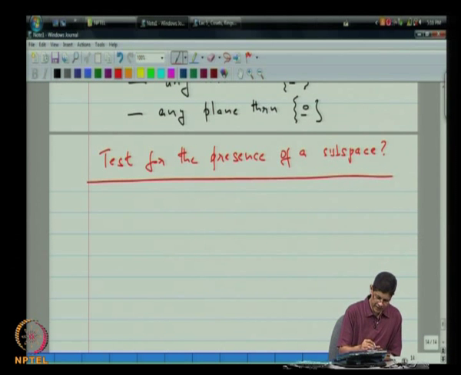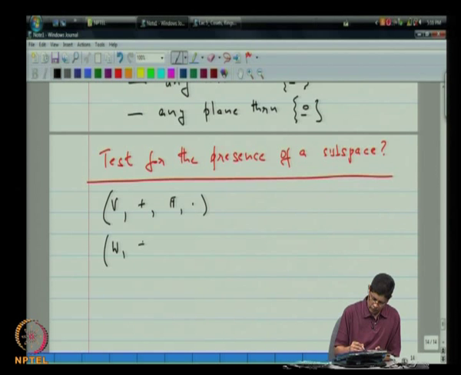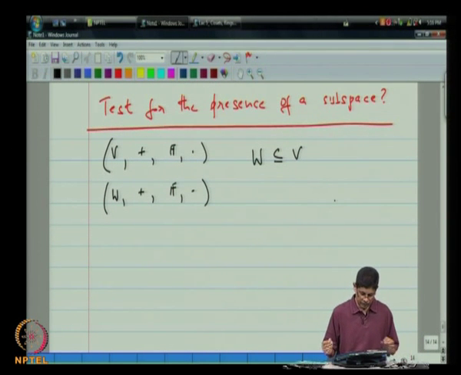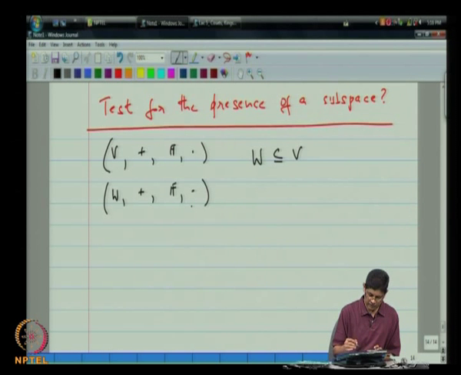So, we are in the setting where you have V with plus and dot over F, and then you have W with plus and dot over F, and W is given to be a subset of V. You want to test, is this a subspace?